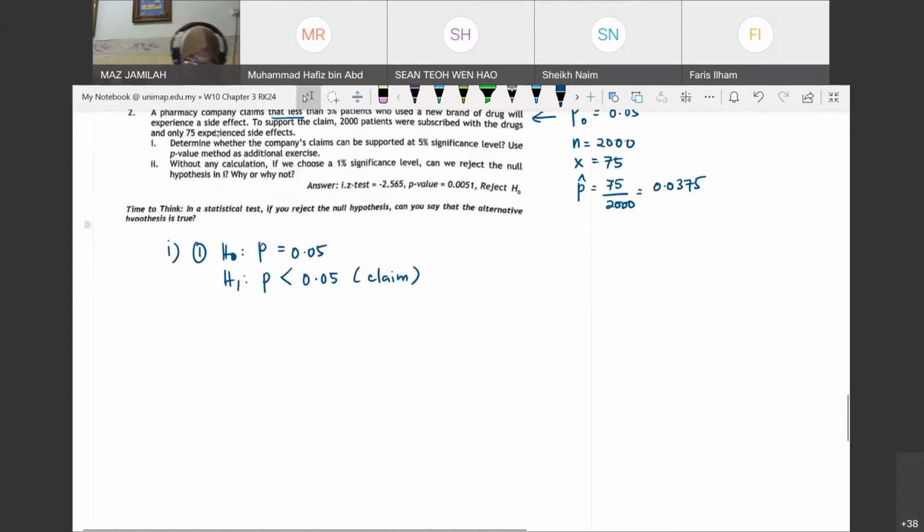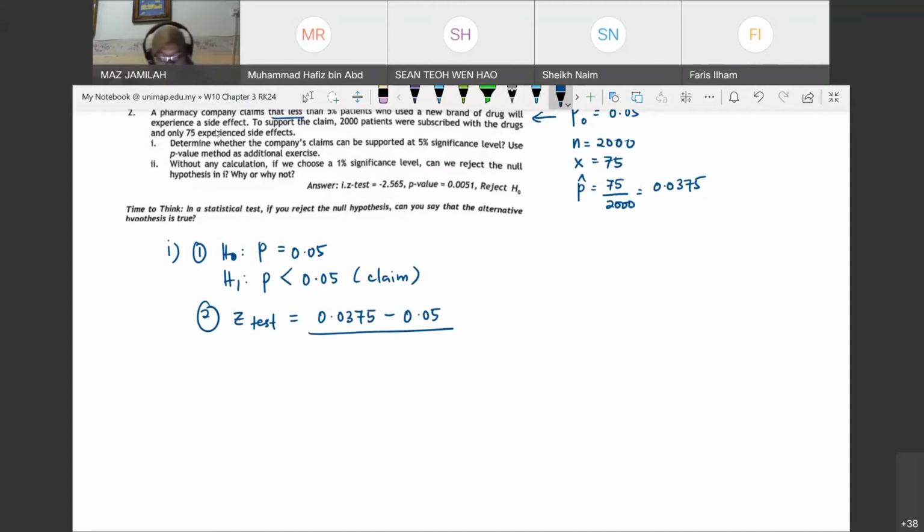Second, for the p-value method, we need to find the z-test. So z-test is equal to P hat, 0.0375, minus P naught, that would be 0.05, divided by the square root of P naught multiplied by 1 minus P naught, so that would be 0.95, divided by the number of samples, 2,000.